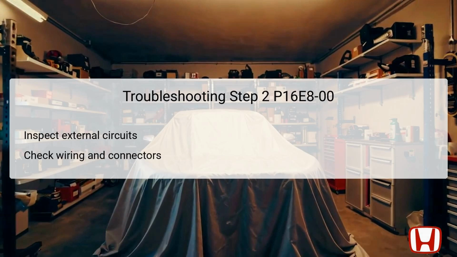In this step, technicians will inspect the external circuits related to the LIN communication for potential issues. This includes examining the wiring and connectors for any visible damage, corrosion, or loose connections that could hinder proper signal transmission. Special attention should be paid to the integrity of the BFR-FOG circuit, LIN ACG connections, and the ground circuit.